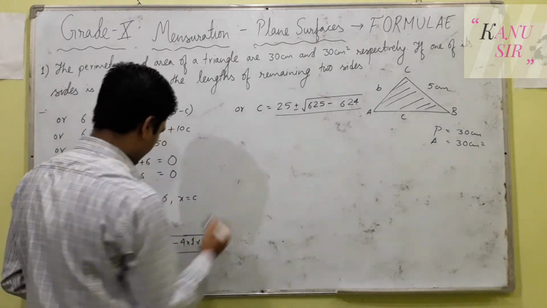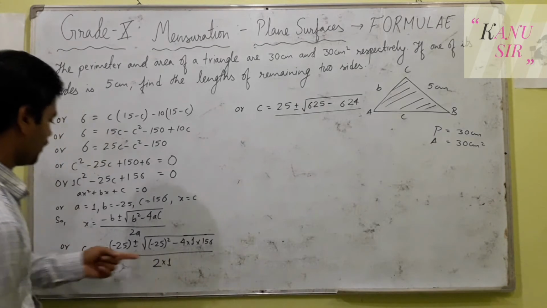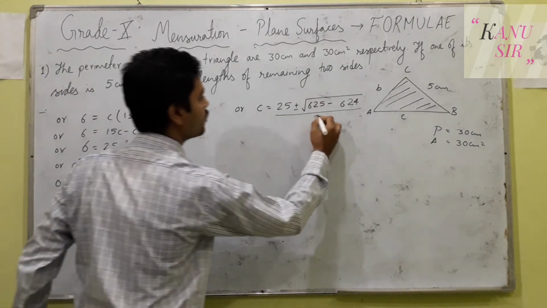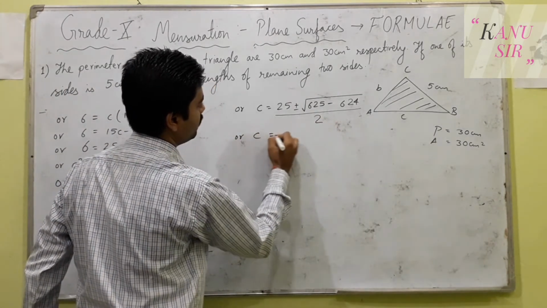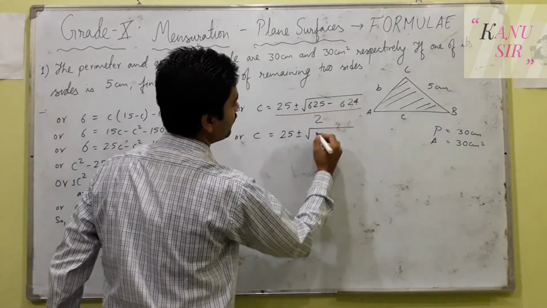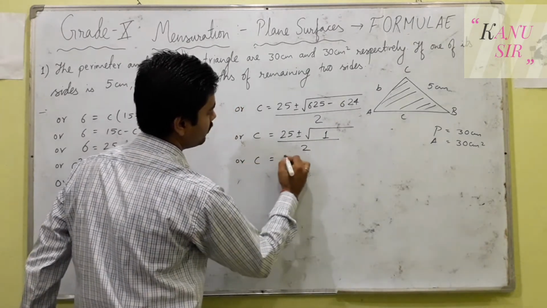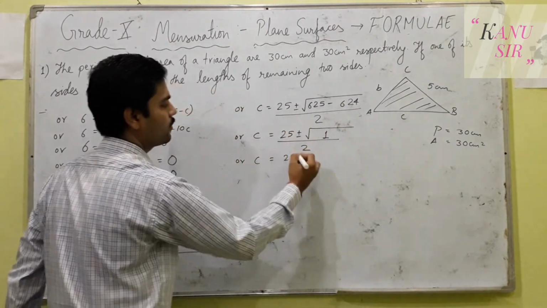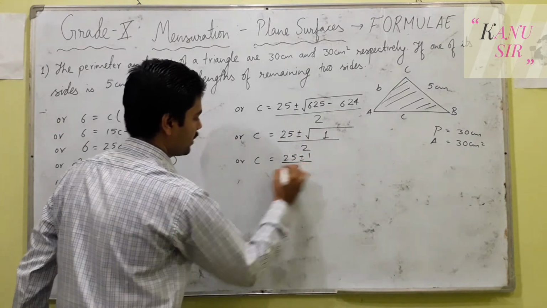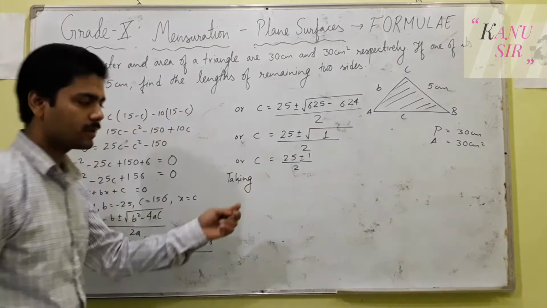Now 2 times a, 2a, I have 2 times 1, I should have written 1 here, you will get 2. So c is equal to 25 plus minus root of 625 minus 624, just 1, over 2. So c is equal to 25 plus minus root 1, which will change into just 1. Now we have to take two values.